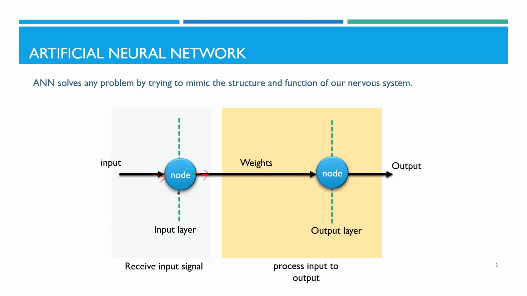Let's say this is very simple, so we only have the input layer and the output layer. Basically the input layer's main task is just to receive the input signal, and then in the next layer, the input will be processed into the output.